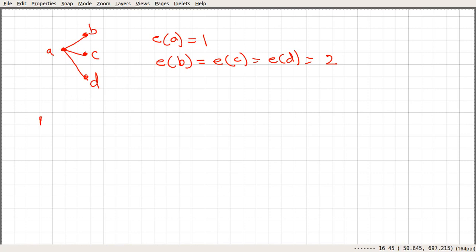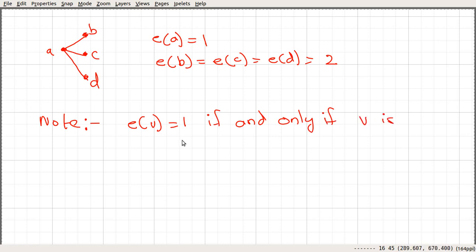So let me give a note here. So here you can see that the eccentricity of a vertex is equal to 1 if and only if V is adjacent to all other vertices.